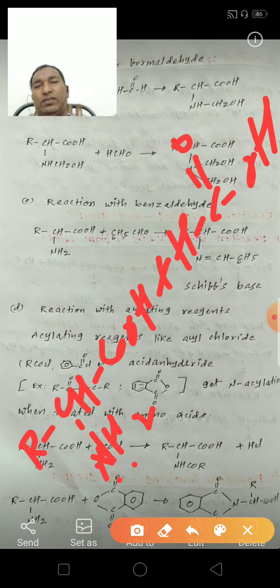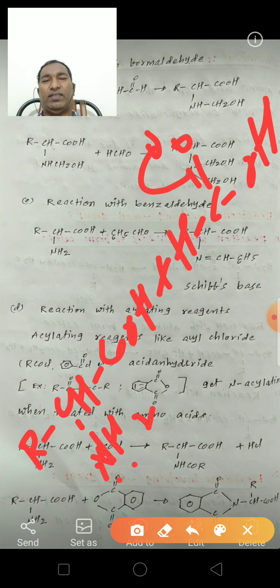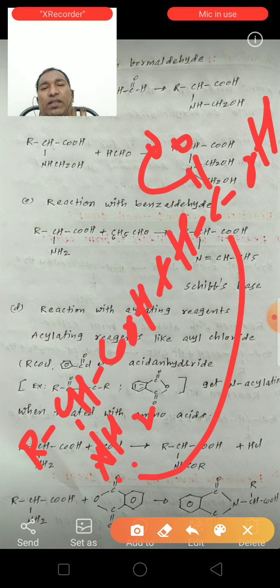So electrons move towards the oxygen, then this carbon will get the positive charge, then this nitrogen attacks the positive carbon.